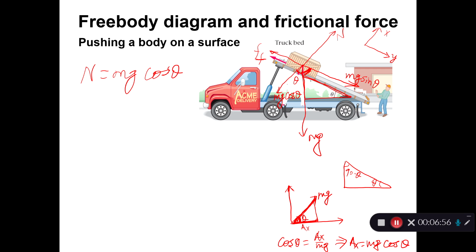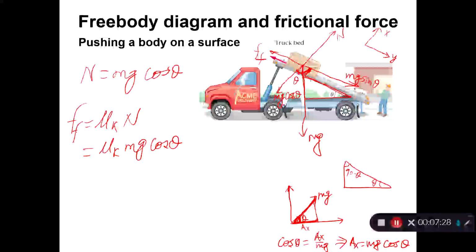To calculate the frictional force, F is equal to, if it is in motion, mu k times N, and N is mg cosine theta. That's how we can calculate the frictional force.